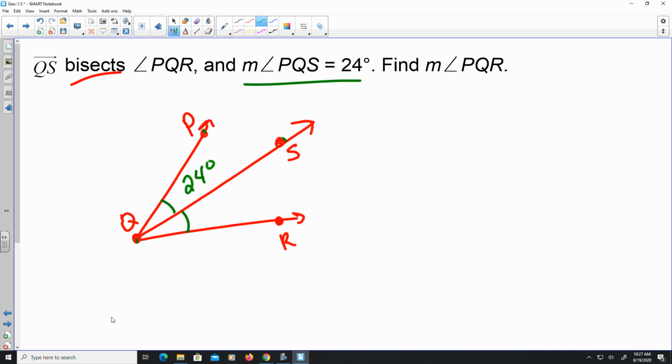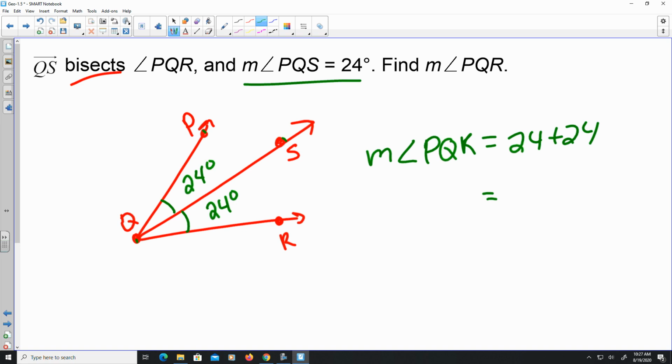Because they told you that it bisects, this is also going to be 24 degrees. To find the measurement of angle PQR, you're simply going to take 24 plus 24, because you're implementing the angle addition postulate, and it is going to equal 48 degrees.